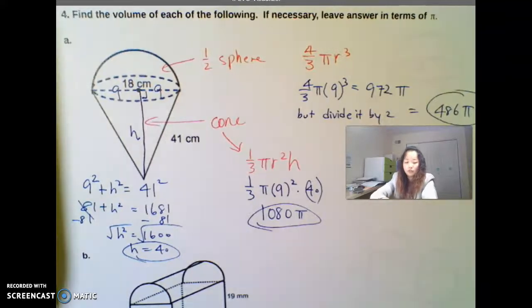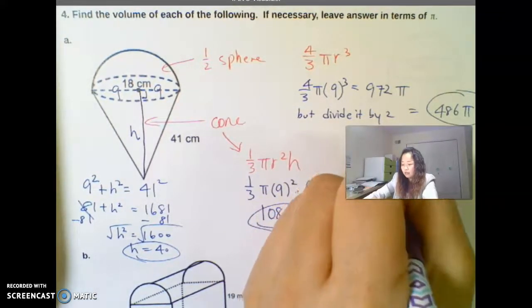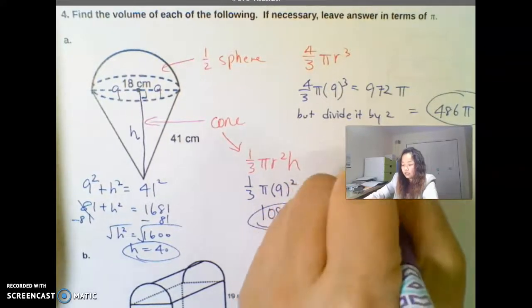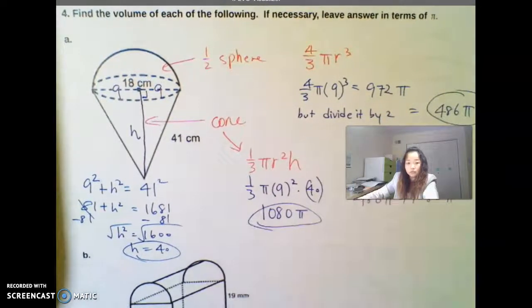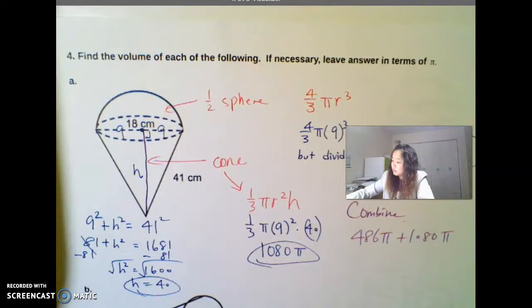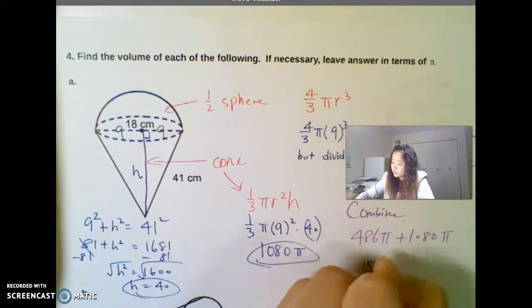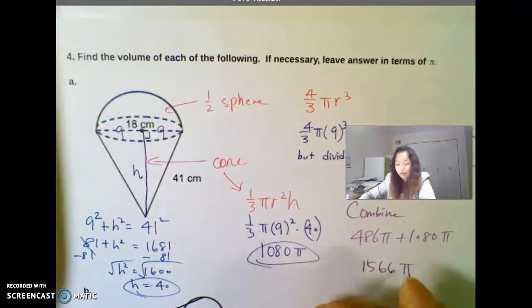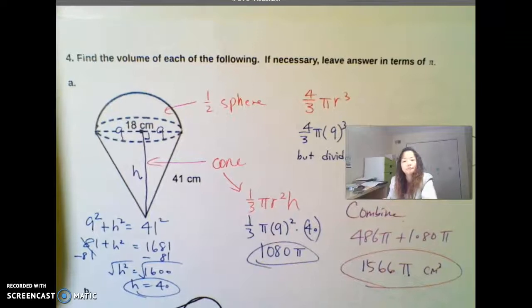Of course, to figure out the volume of this whole shape, combine the half sphere, 486 pi, plus the cone part. That is a total of 1566 pi. Don't forget the pi. Don't forget the unit. There you have it.